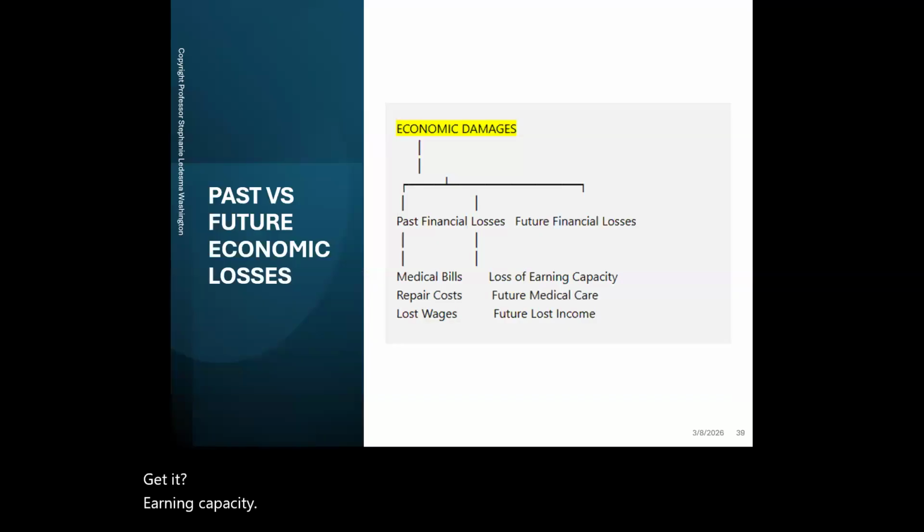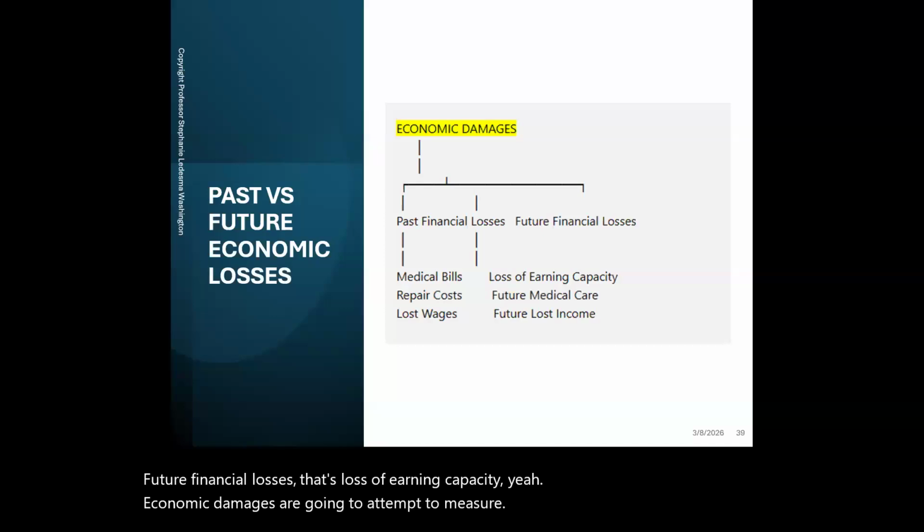We've got past financial losses, lost wages, and future financial losses, that's loss of earning capacity. Yeah? Economic damages are going to attempt to measure the financial losses that can be calculated with relative precision, right?